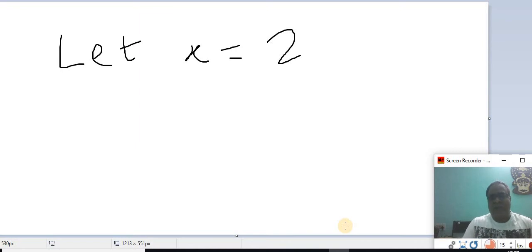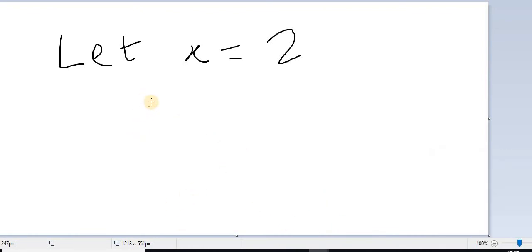But since it is not minimum, for f dash 2 we will get some value. You first find f dash x and substitute 2. If f dash 2 is greater than 0, if it is a positive value, then you travel backward.